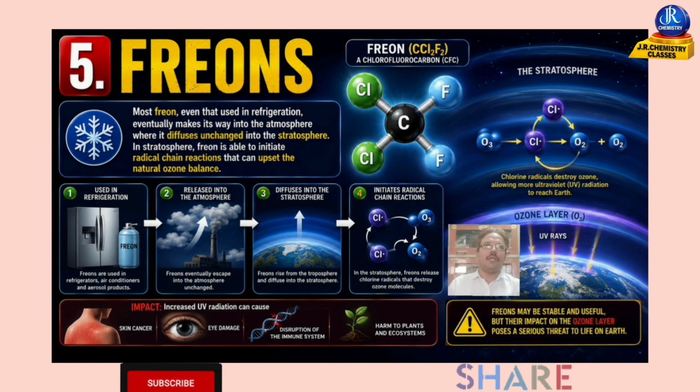Most Freon, even that used in refrigeration, eventually makes its way into the atmosphere where it diffuses unchanged into the stratosphere. In the stratosphere, Freon is able to initiate radical chain reactions that can upset the natural ozone balance.